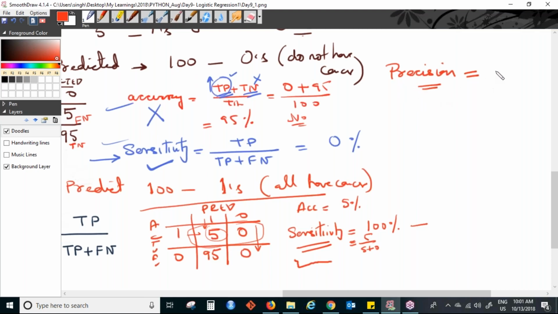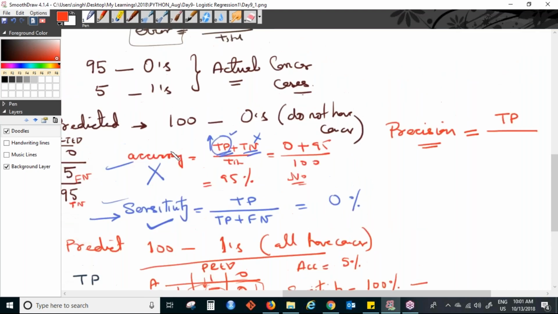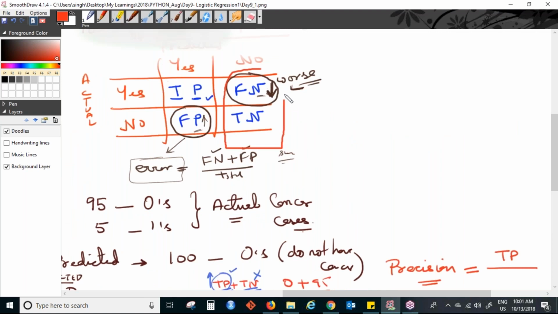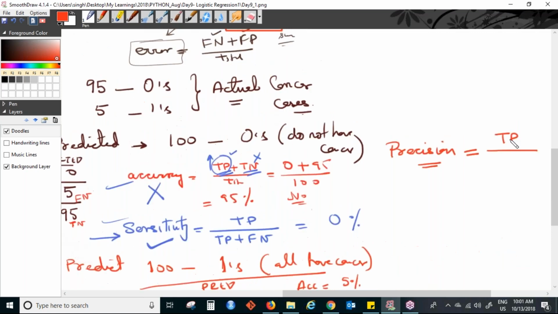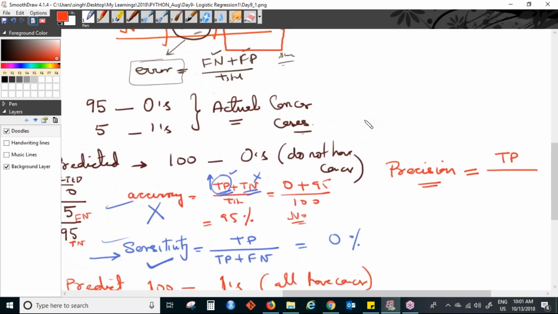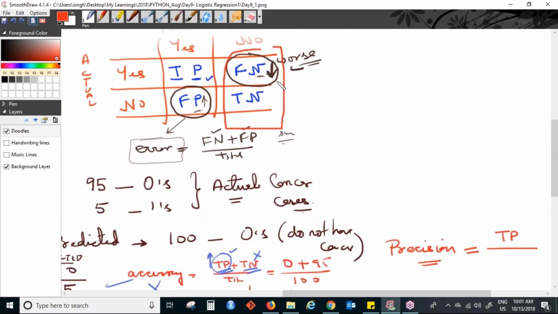The formula for that is true positive divided by, this time not the row total but the column total. This column total: true positive divided by true positive plus false positive.